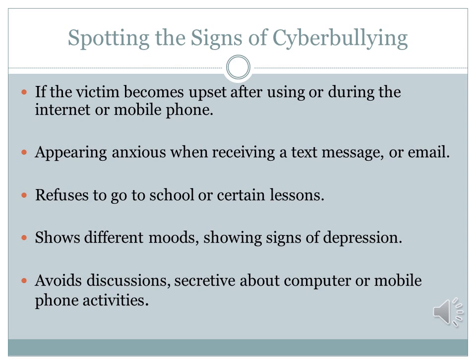Appearing anxious when receiving a text message or email, refusing to go to school or certain lessons, showing different moods, showing signs of depression, and avoiding discussions and being very secretive about computer or mobile phone activities. Again, those might be signs of cyberbullying that could prevent it from happening.